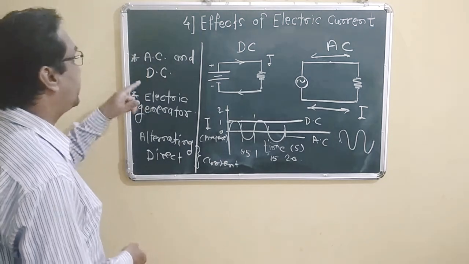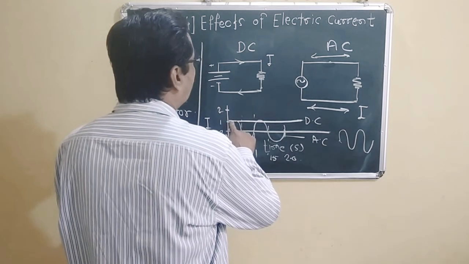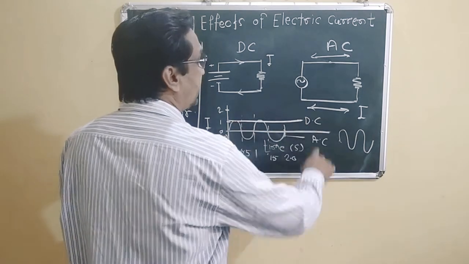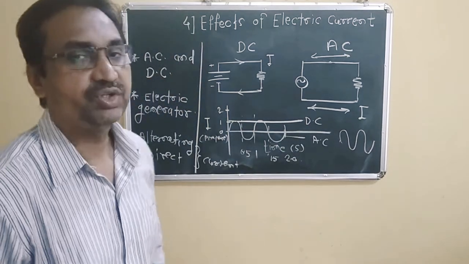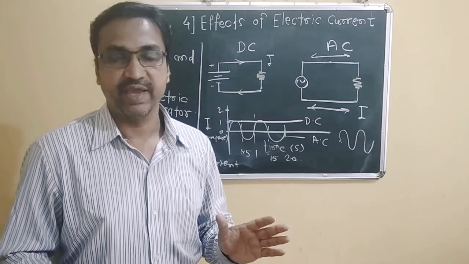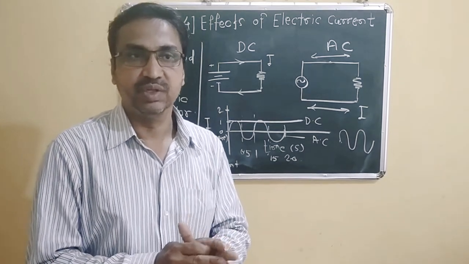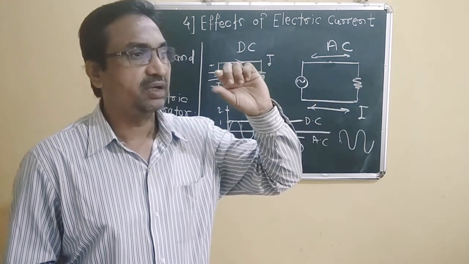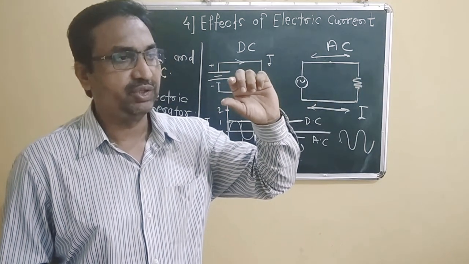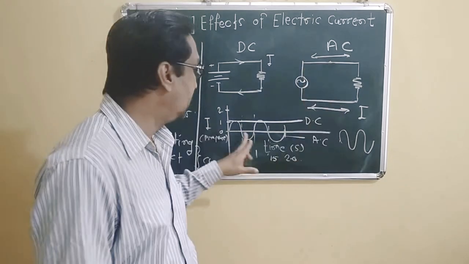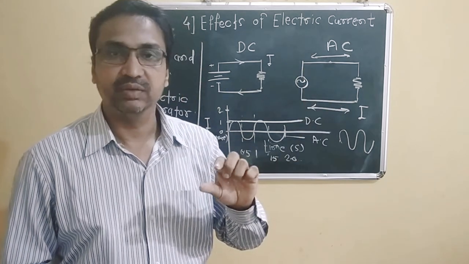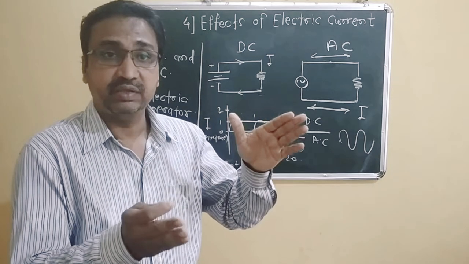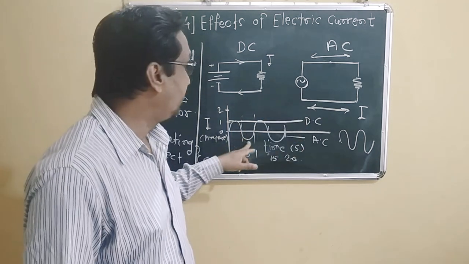But direct current is unidirectional. It does not change its direction as well as magnitude. It is continuous in the same direction. Direct current has the same magnitude and same direction, while alternating current has different magnitudes and travels in different directions.